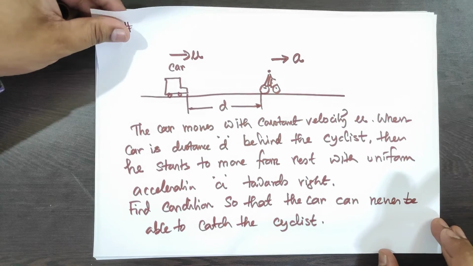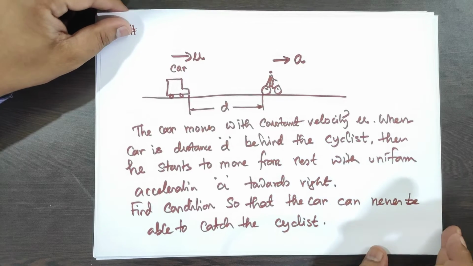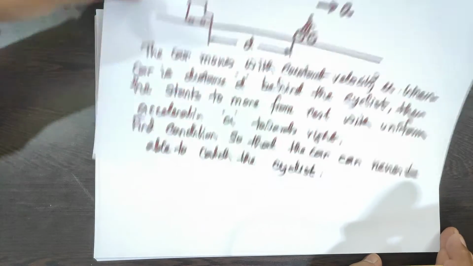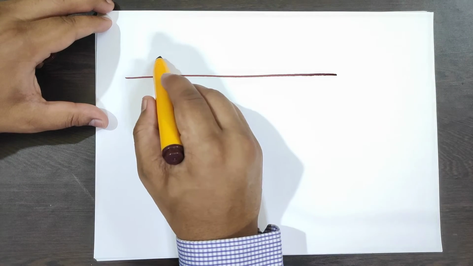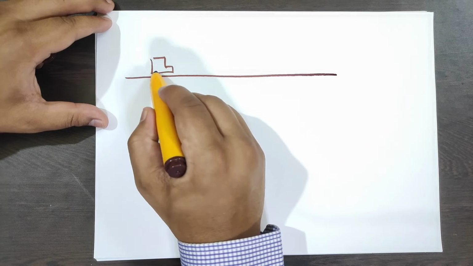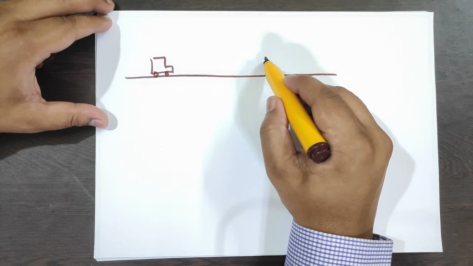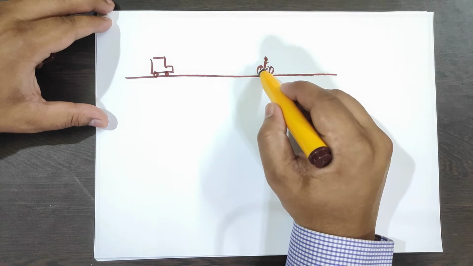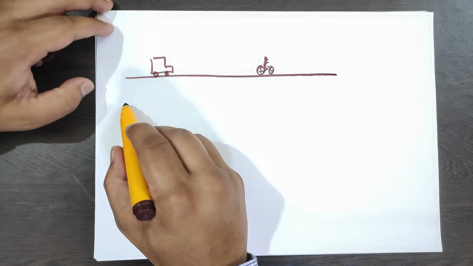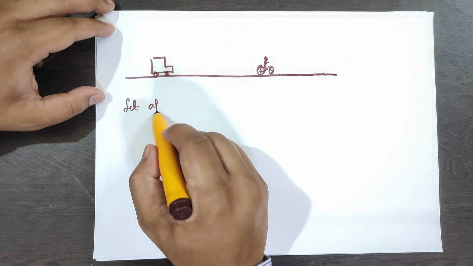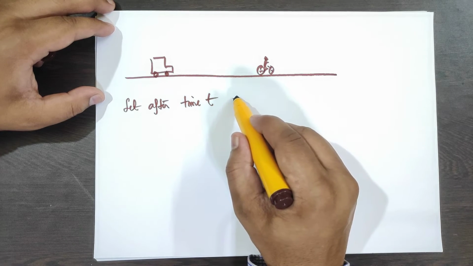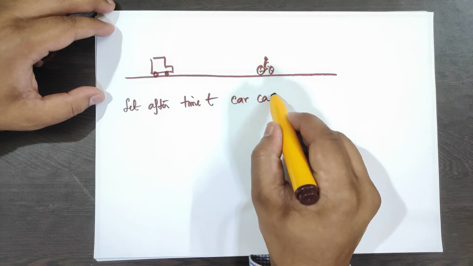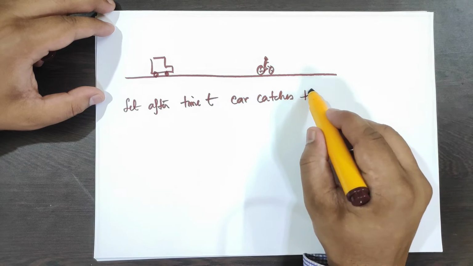Before solving it with relative motion, we will solve it with the usual method. Though I have done it before, I'll do it again, solving by the usual method from the ground frame. The method is like this: let after time t the car catch the cyclist.